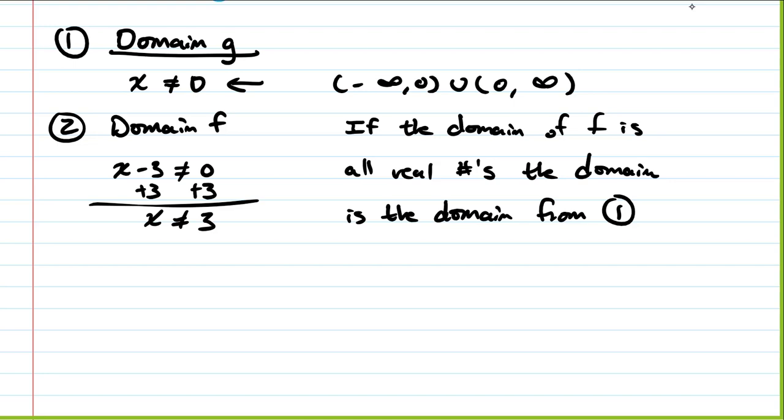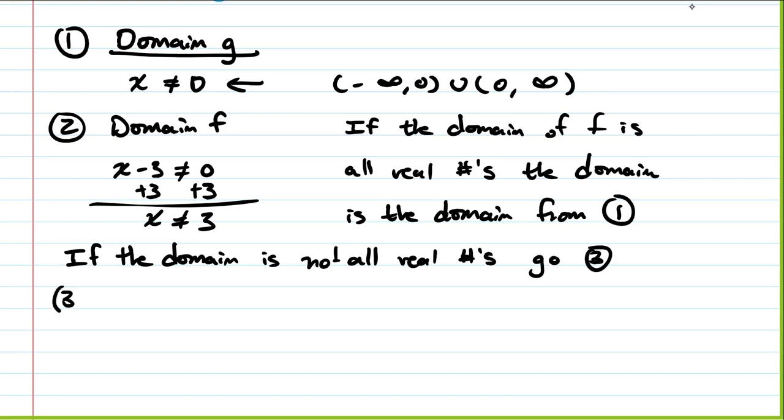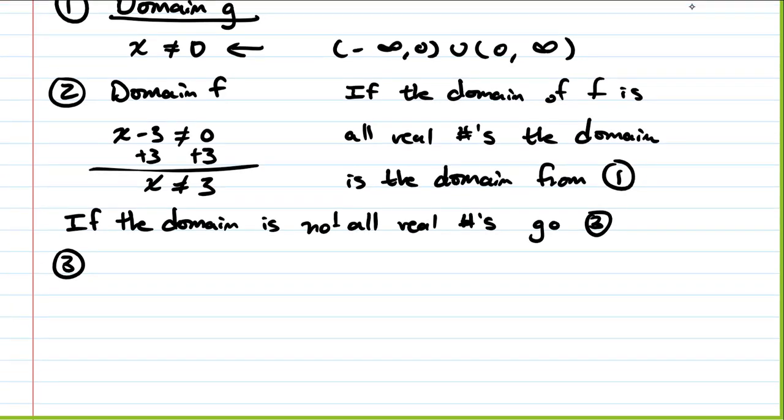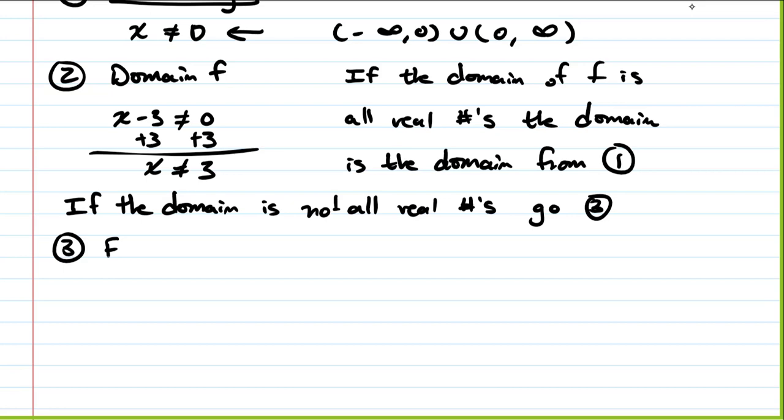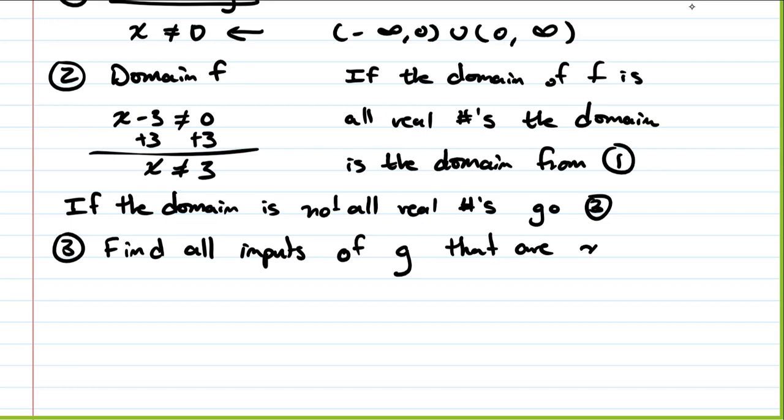If the domain is not all real numbers, we're going to go to step 3. And step 3 says find all inputs of G that are not in the domain of F.